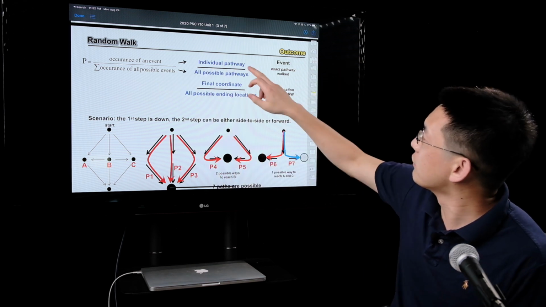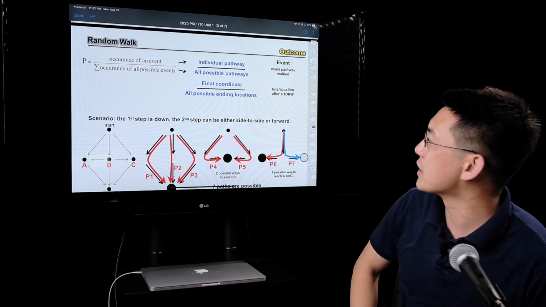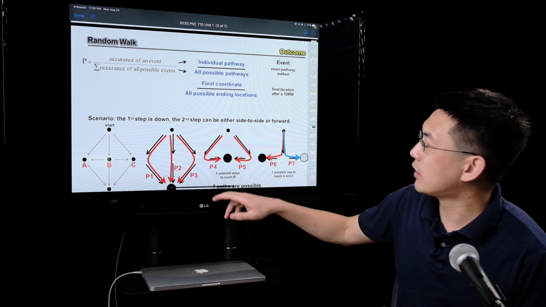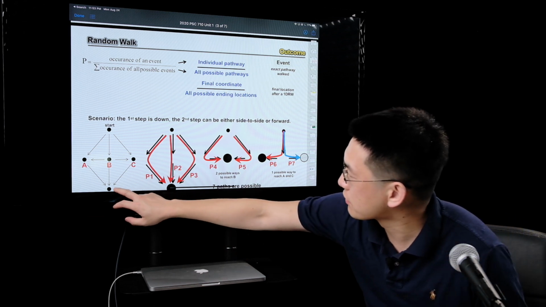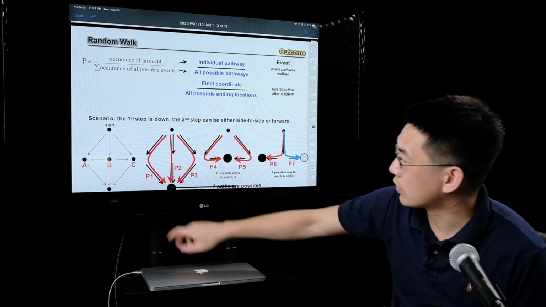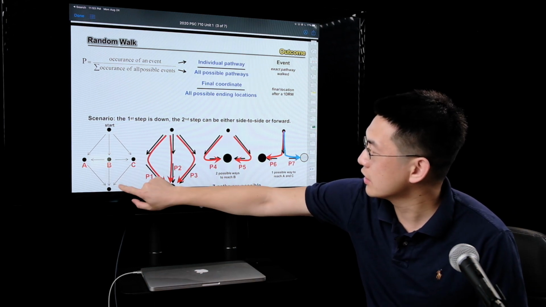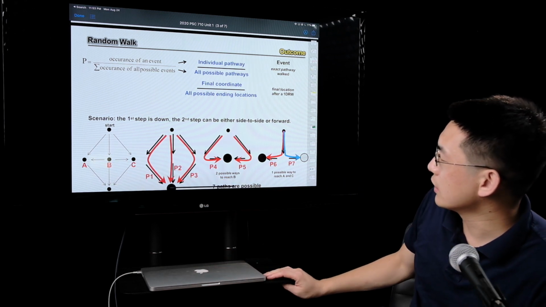Individual pathway versus all possible pathways is another way to define it. So for example, if you think about the scenario below, what are the chances of getting to this position in 2 steps? You would take from A, from B, from C. If you take 2 steps to here or there, you couldn't reach it, right?